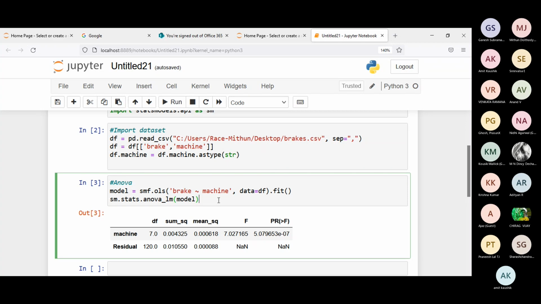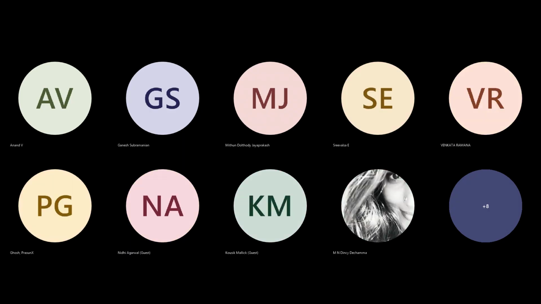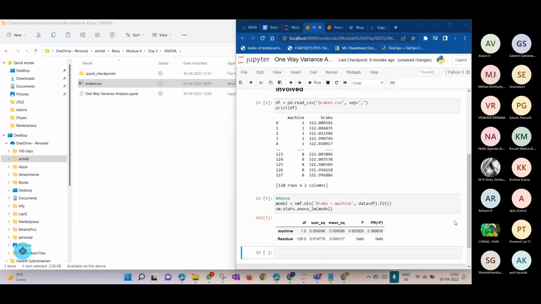Okay. Can you share your screen, please? Okay. I just copy pasted. So for me also, it's like Ganesh's. DF is 1.0. Okay, just show me the thing. It can't be 1.0, ideally speaking. Okay, degrees of freedom is 1.0, residual.